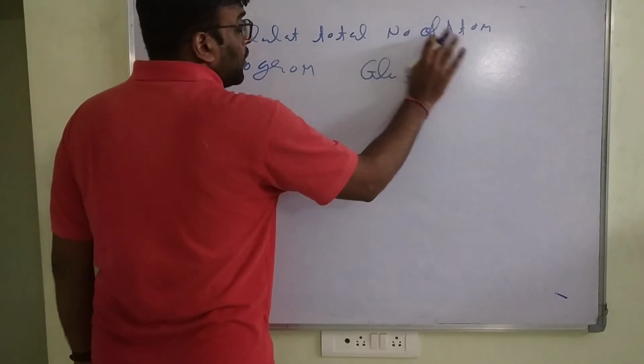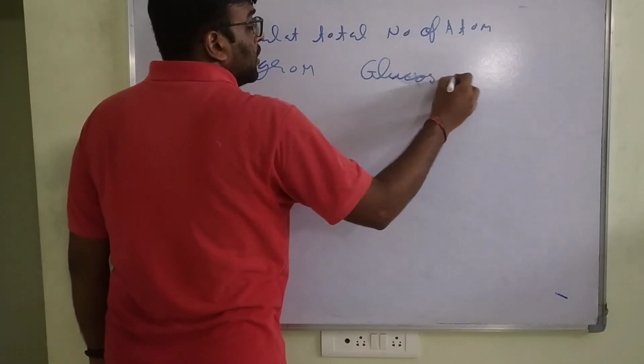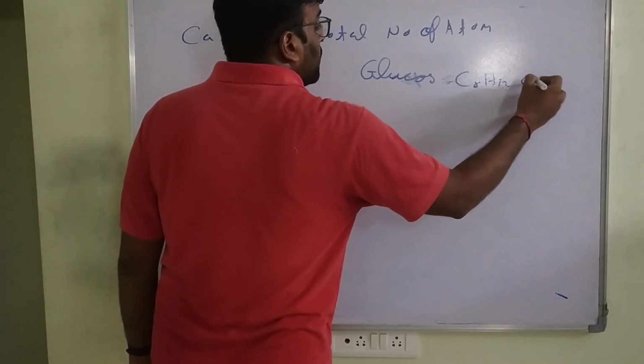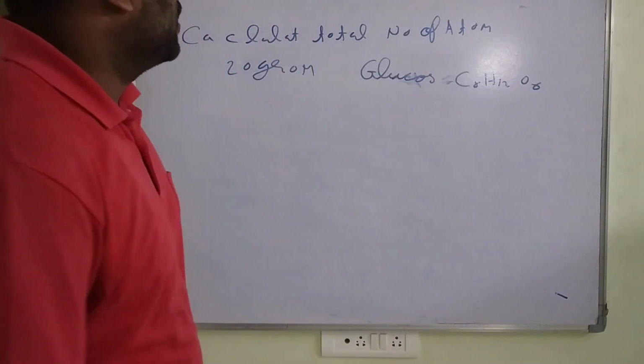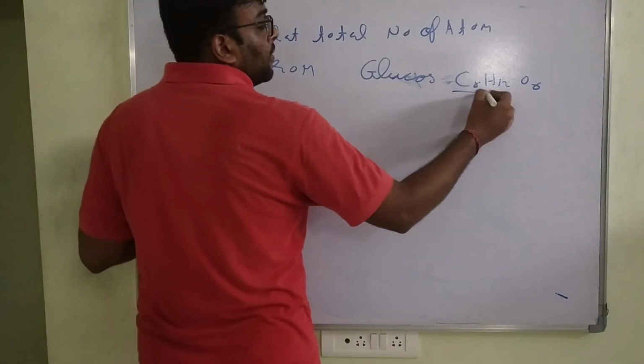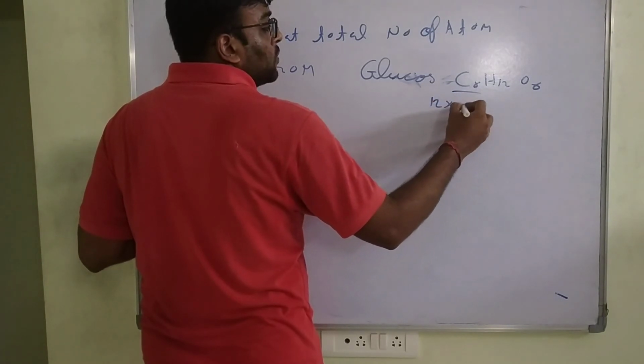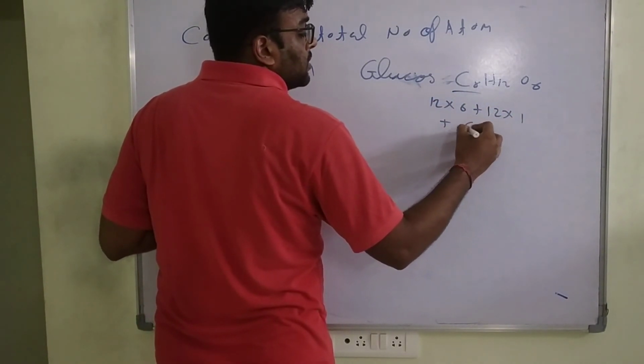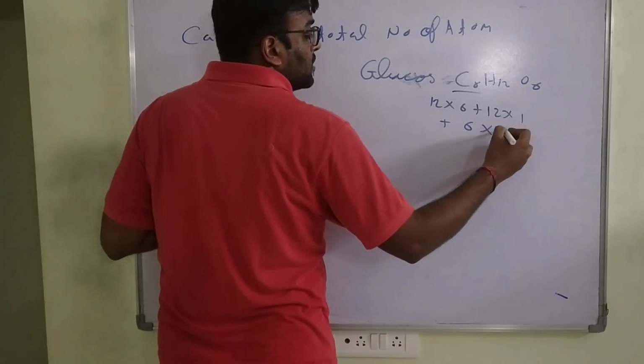First of all, you have to know the formula of glucose: C6H12O6. Look over here. This is the molecular mass: 12 into 6, 12 into 1, plus 6 into 16.